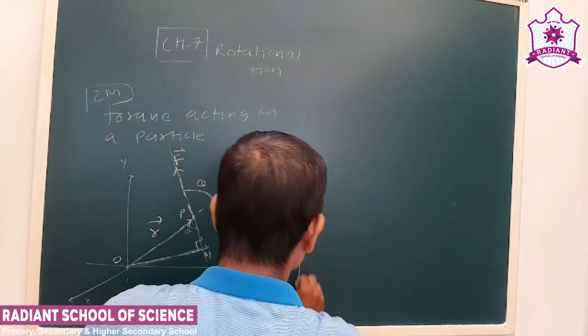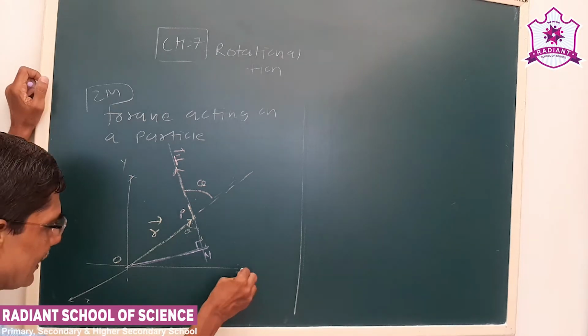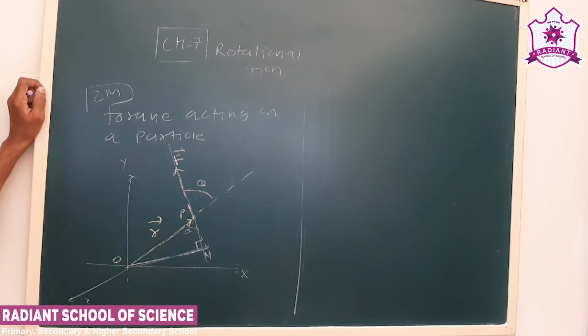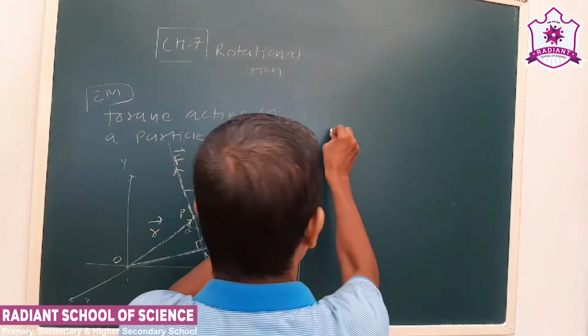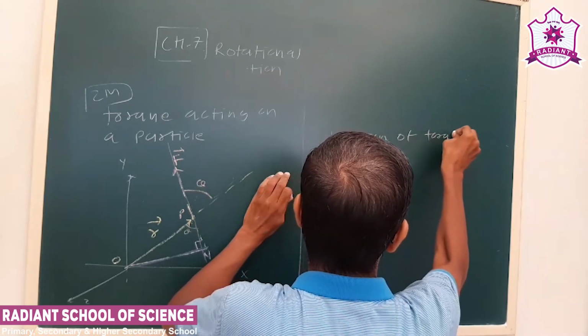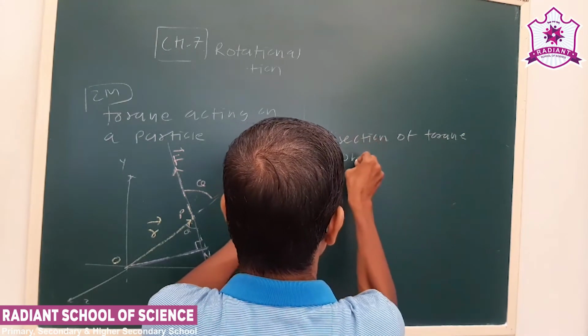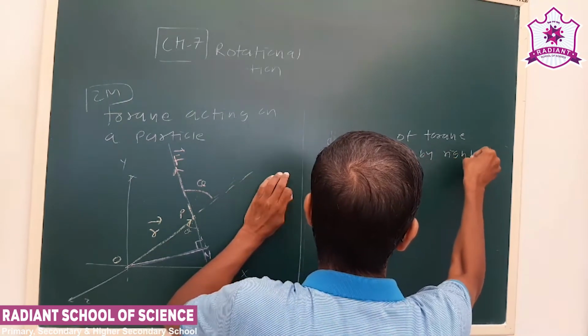Also, being a vector quantity, we should know in which direction torque will act. Let us say here R and F are in XY plane. The direction of torque is obtained by the right hand screw rule.